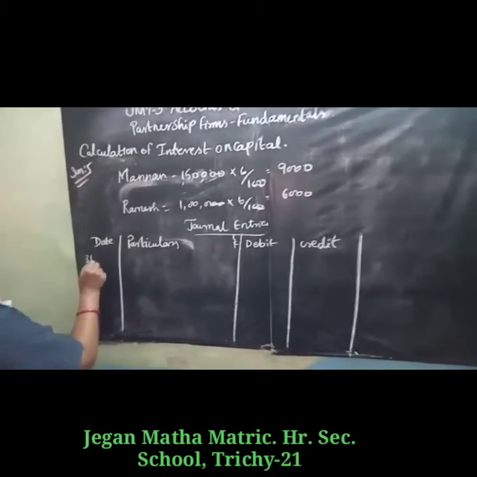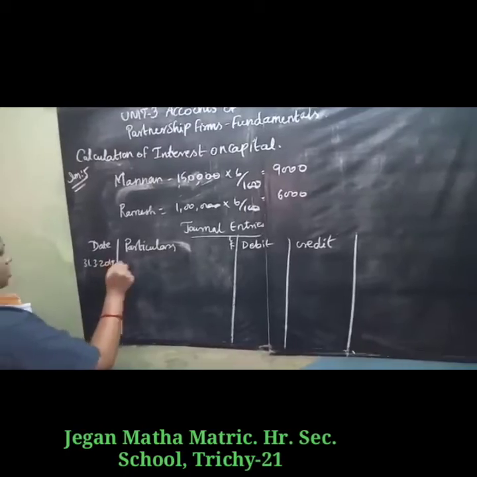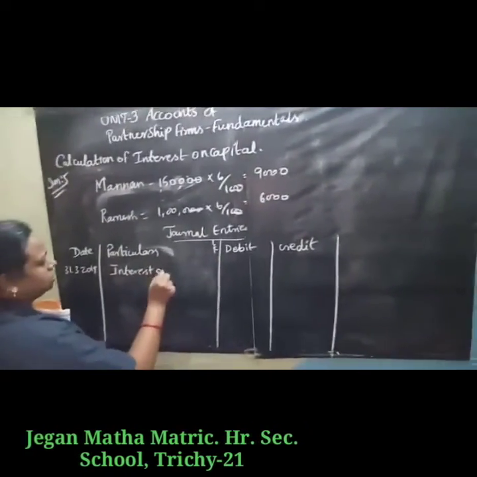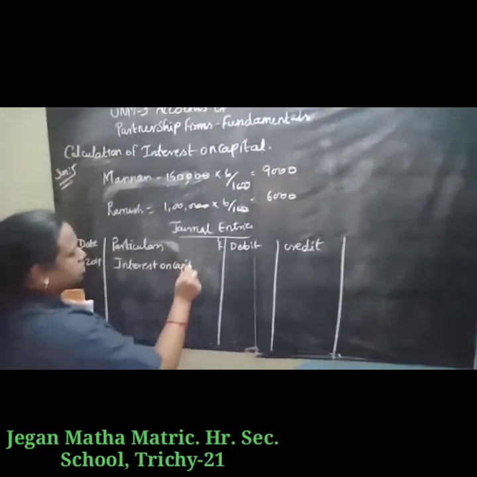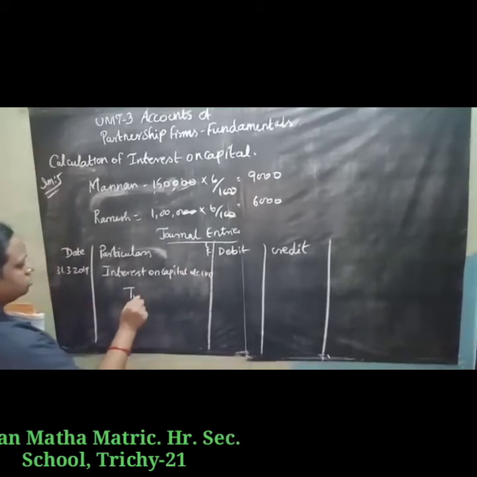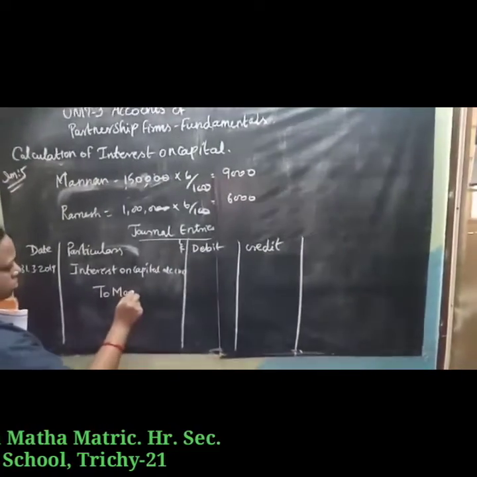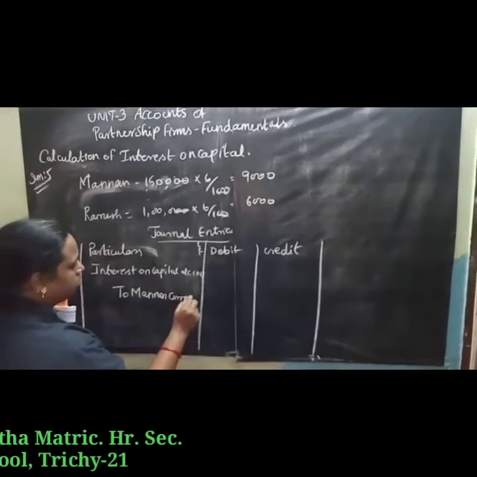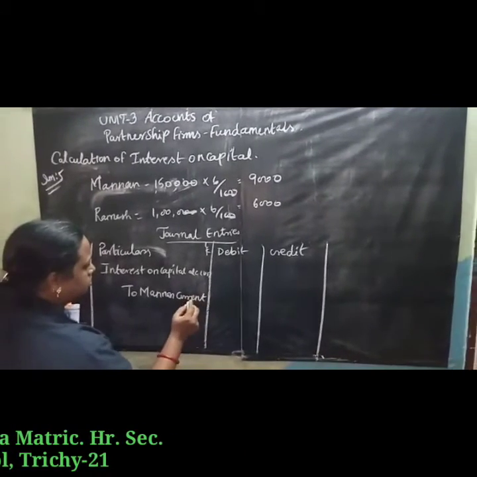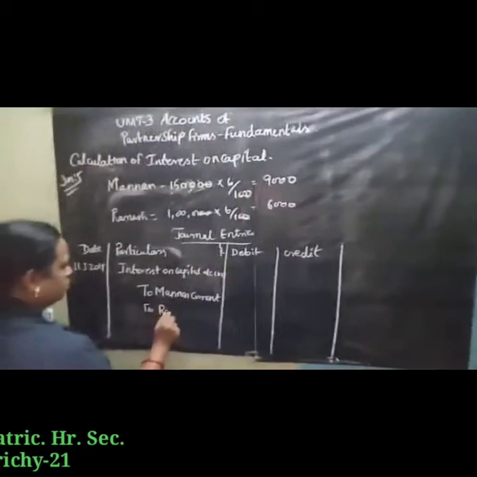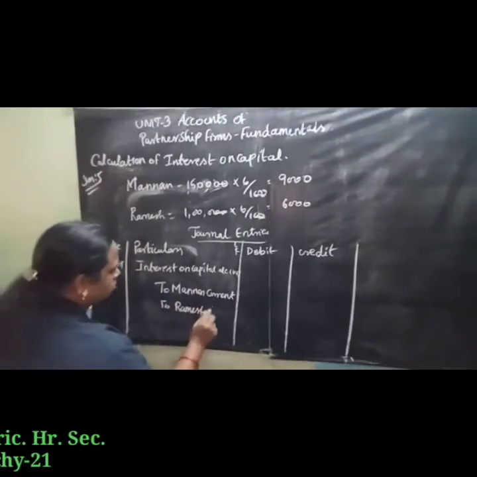Okay. So we have to write the entry now. Date 31st 3/2019. Interest on capital account debit, to Manan current account, to Ramesh current account.